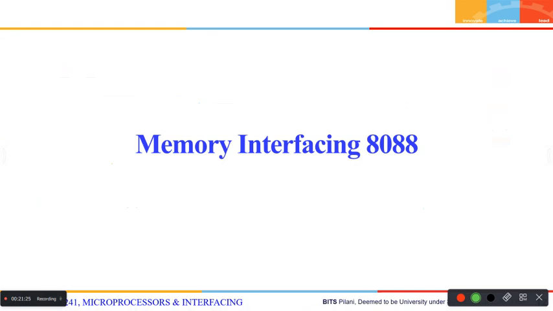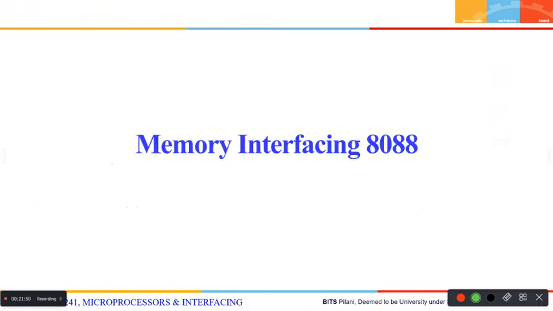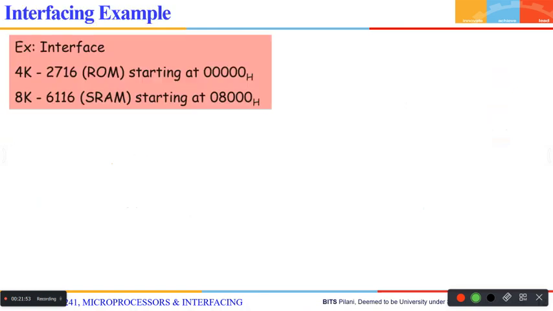So this is memory interfacing for 8088. Now I'm giving you one more example. Listen carefully. One example I have given: interfacing 8 kilobytes of memory using 2 kilobytes. I have already explained this step. This is another example. The example is to interface to the 8088 microprocessor.